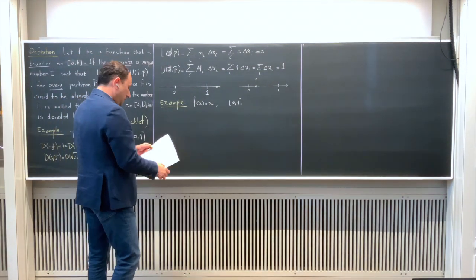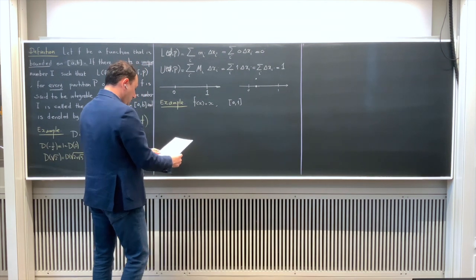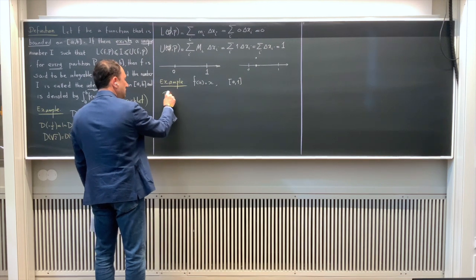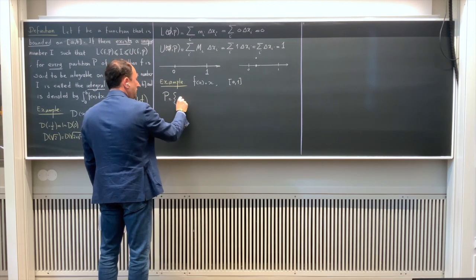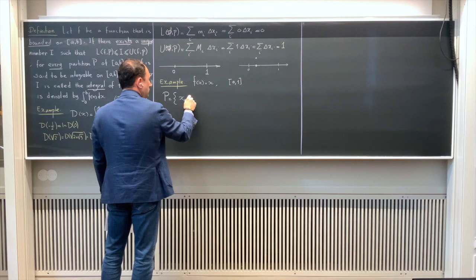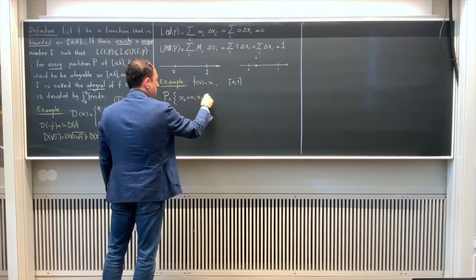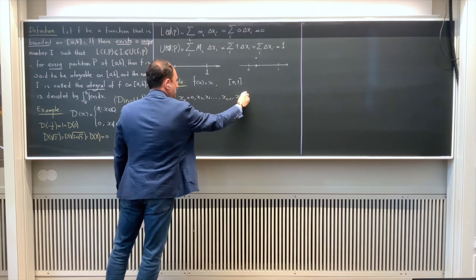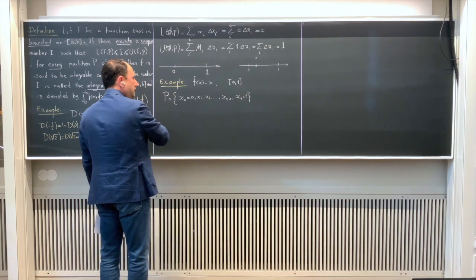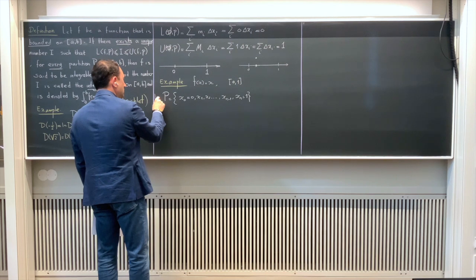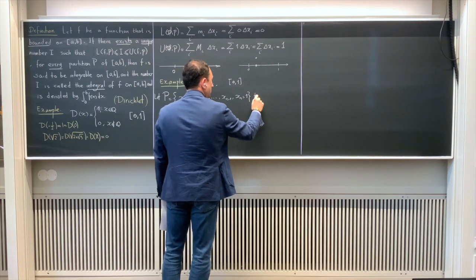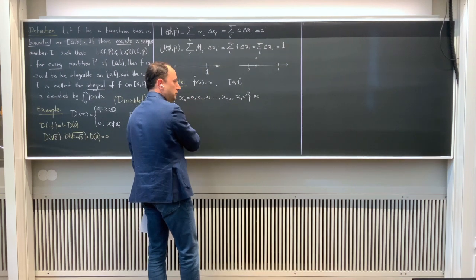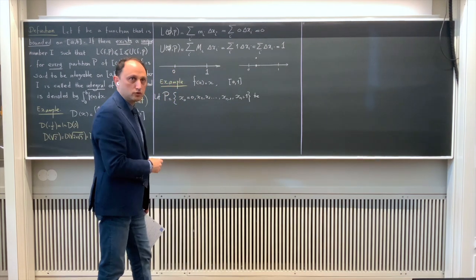Okay, do you remember I did some calculations? I write the results here. I say let P, starting from x0, which is always the first number, then x1, x2, up to xn minus 1, up to xn, which is the last one, be an arbitrary partition, not necessarily regular or something, just a bunch of numbers between 0 and 1.